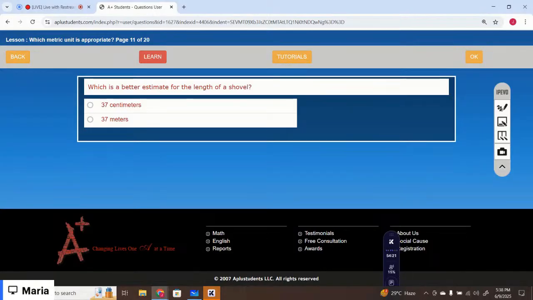Which is the better estimate for the length of a shovel? That is 37 centimeters. Option number one is the correct option.